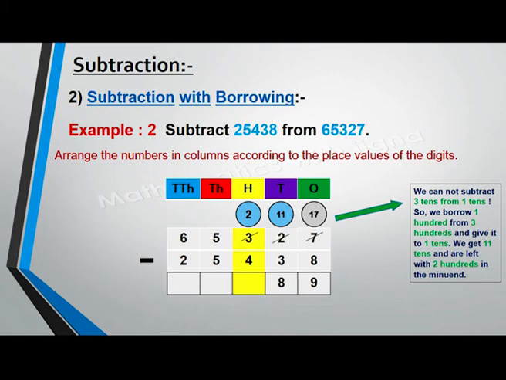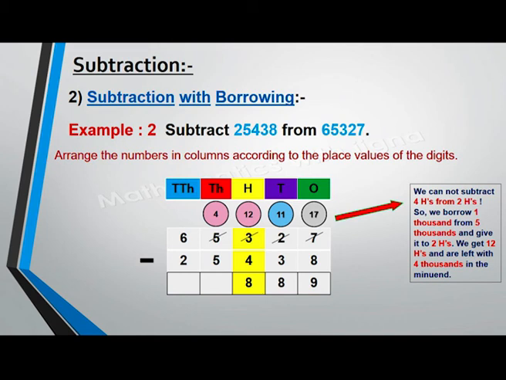We cannot subtract 4 hundreds from 2 hundreds. So again we borrow 1000 from the 5000s and give it to 2 hundreds. We'll get 12 hundreds and are left with 4000s in the minuend. So 12 minus 4 is equal to 8. So write 8 at the hundreds column.